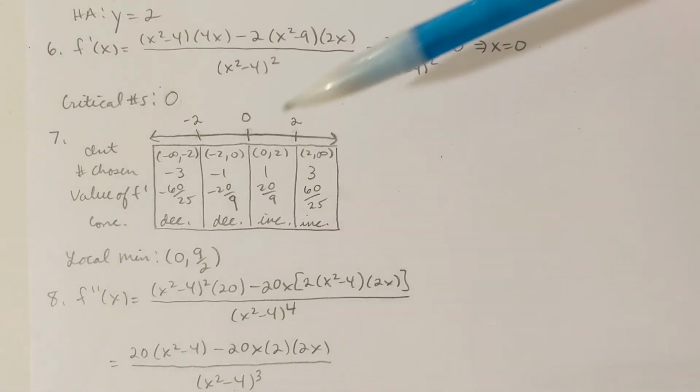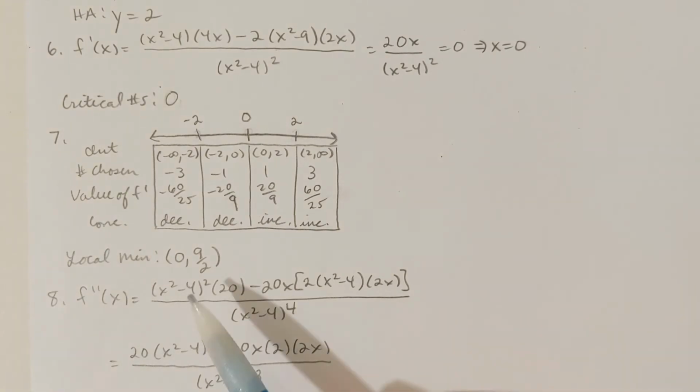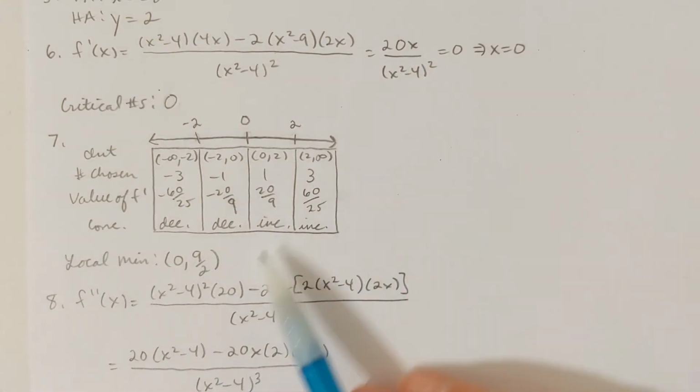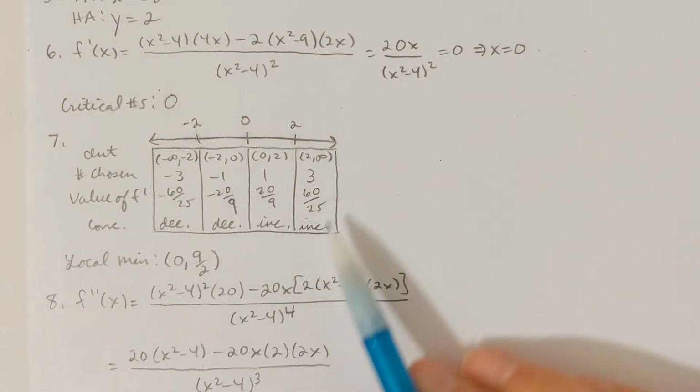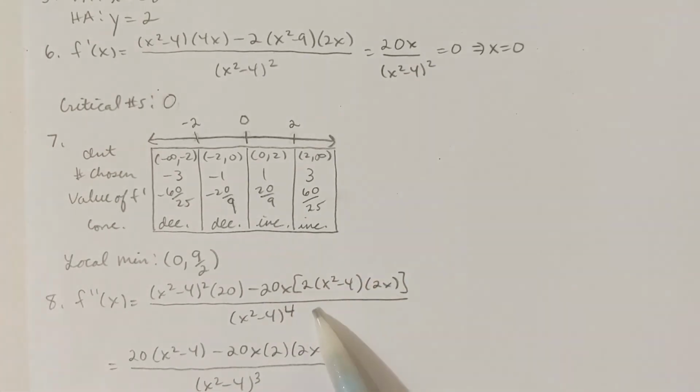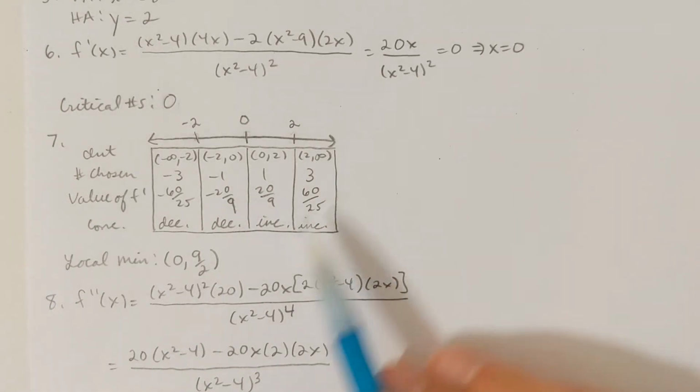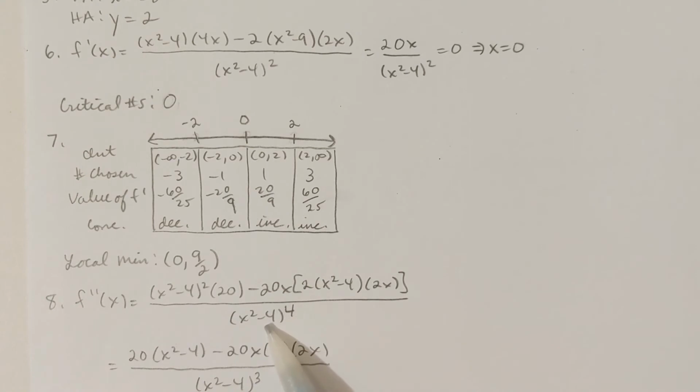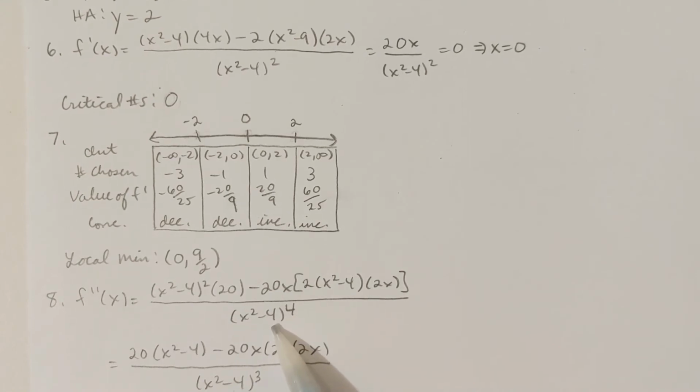So let's go ahead and begin that. We've got the bottom times the derivative of the top, which is 20, minus the top, which is 20x, times the derivative of the bottom. That'd be a chain rule. It's going to be 2 times x squared minus 4 times the derivative of x squared minus 4, which is 2x. And this is all over the denominator squared. X squared minus 4 squared, squared would be x squared minus 4 to the 4th.